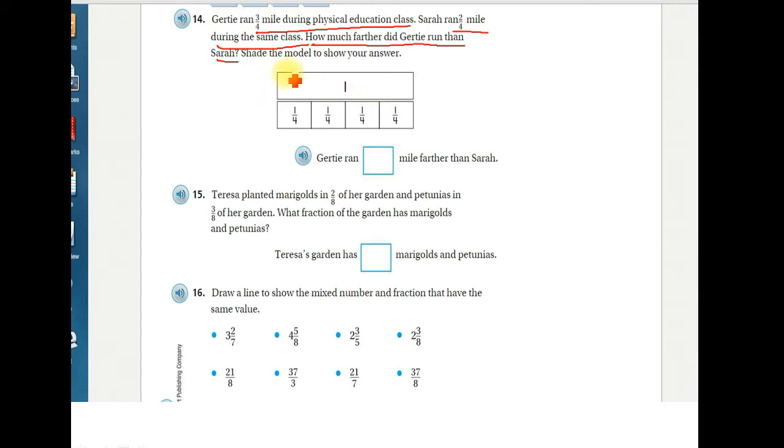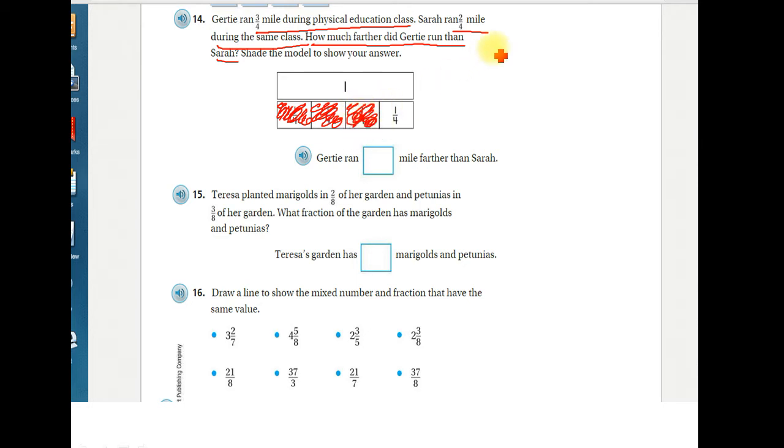Okay, so another way to model this subtraction using the model that they gave us, because it said shade the model to show our answer, is we're going to start by shading in the distance that Gertie ran. So Gertie ran 1/4, 2/4, and 3/4.